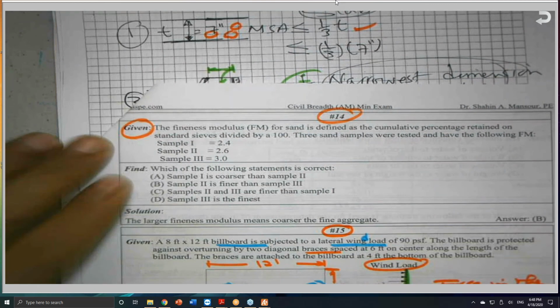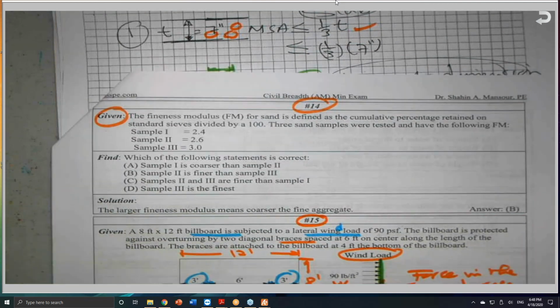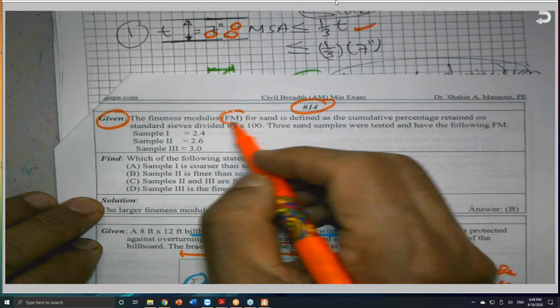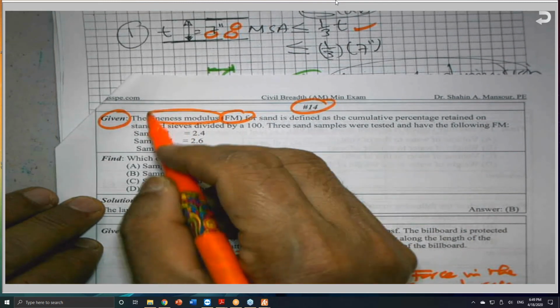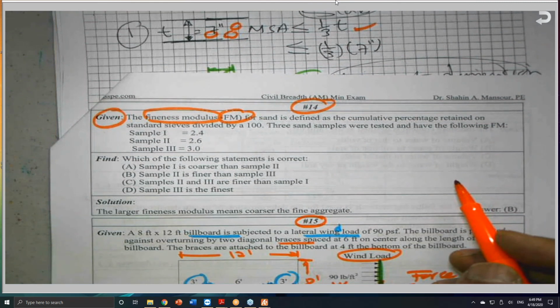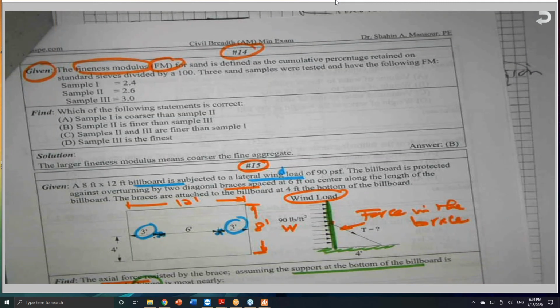Problem number 14. We have something called FM, fineness modulus for sand, as defined by the code or by the ASTM.